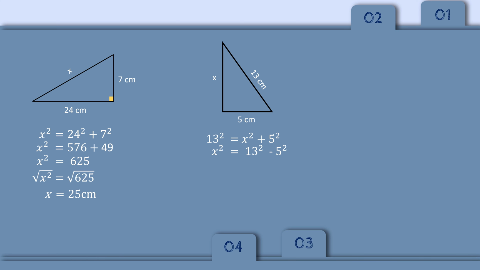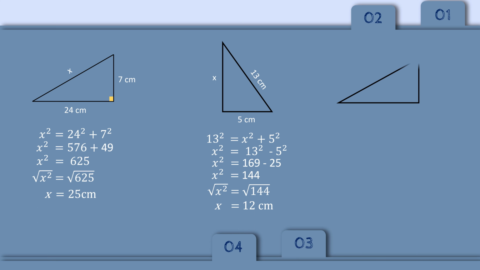In order to find x, we need to subtract the square of 5 from the square of 13. By doing so, we get the square of x equals 144. Taking the square root on both sides gives us 12 centimeter. So the altitude is 12 centimeter.